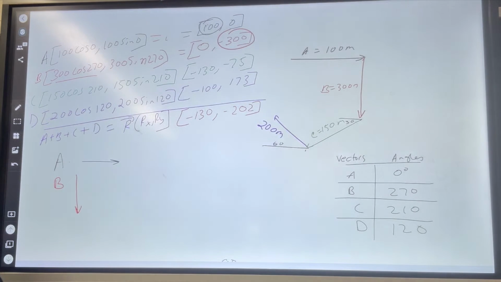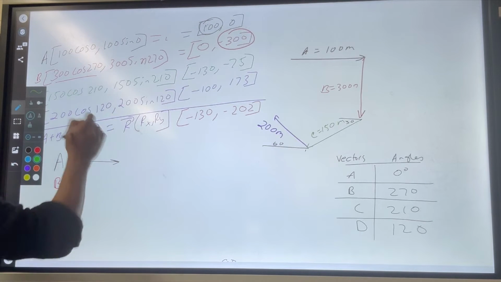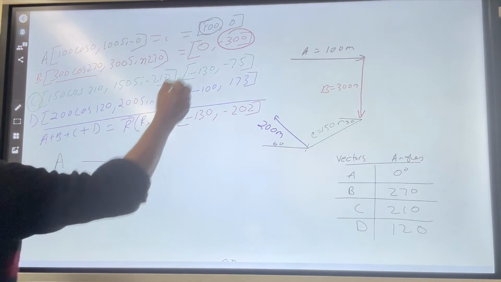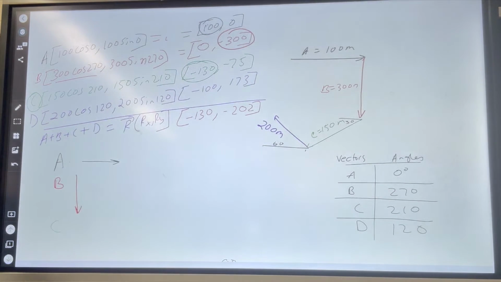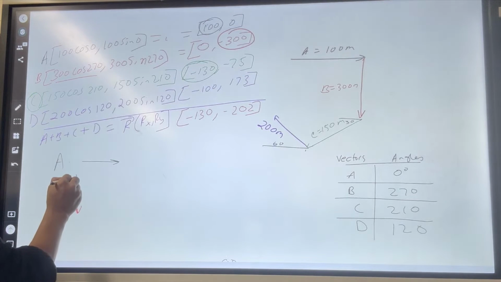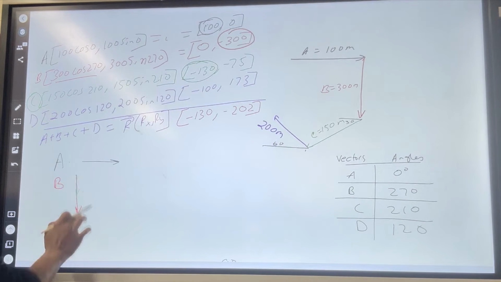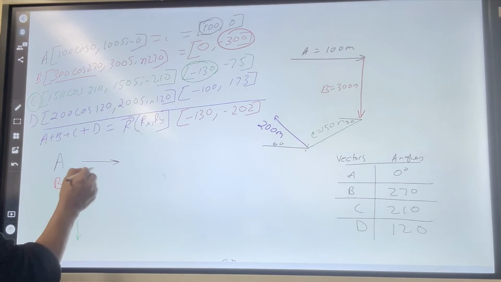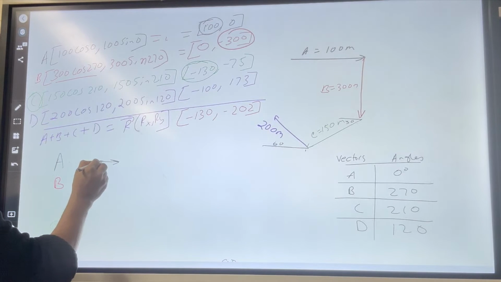Let's do vector C. If this one is 300, 130 would be like this, and negative 75, if this one is 100, would be this.